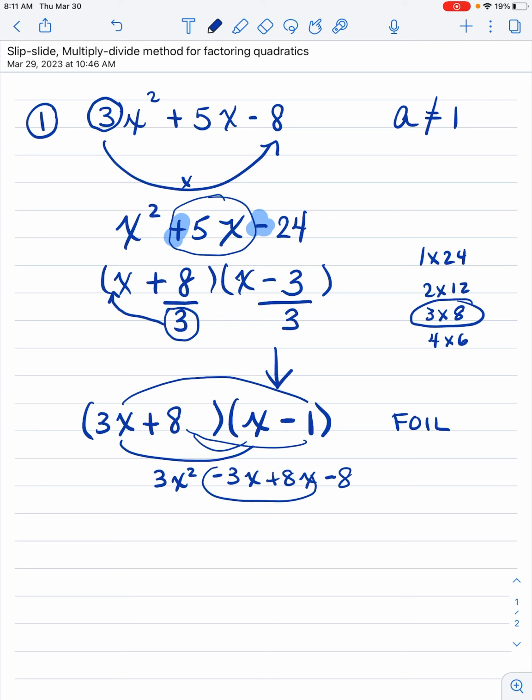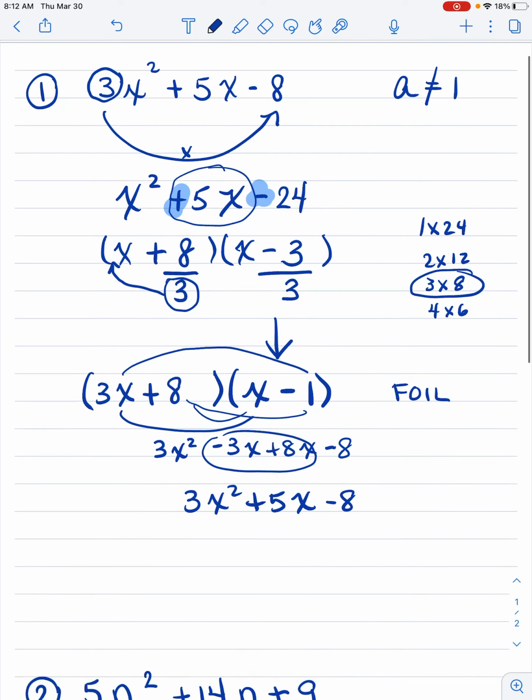We combine our like terms and we go right back to where we started, which is what we're hoping for. You can also put the original expression and your factored expression into a graphing calculator, and if they have the same graph or exactly the same tables, you know that you factored correctly.